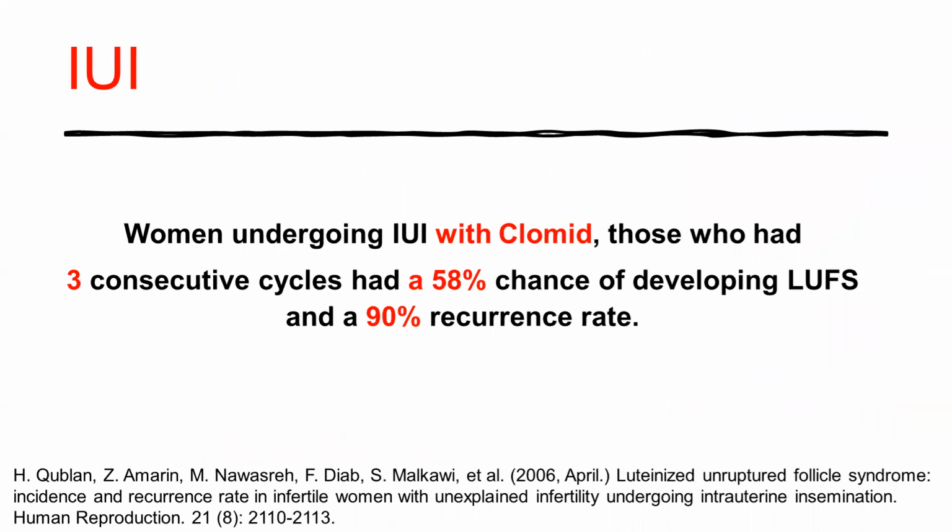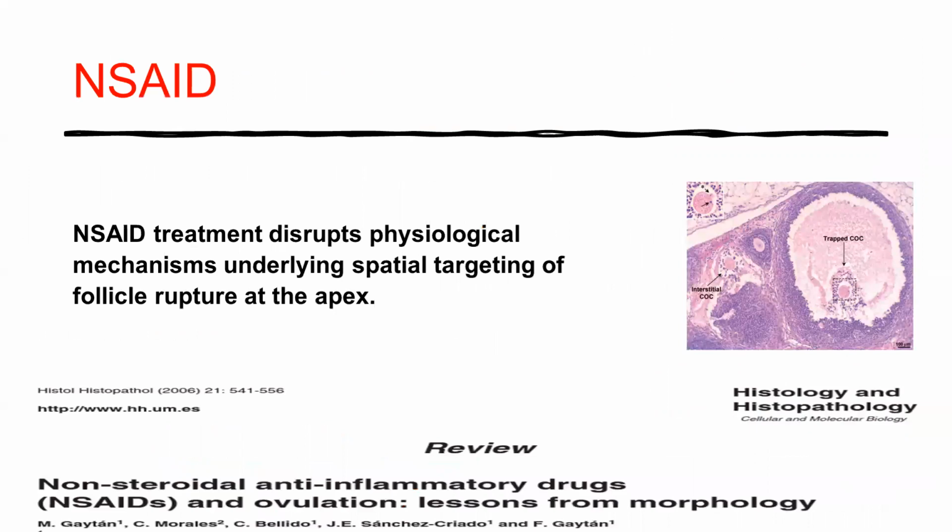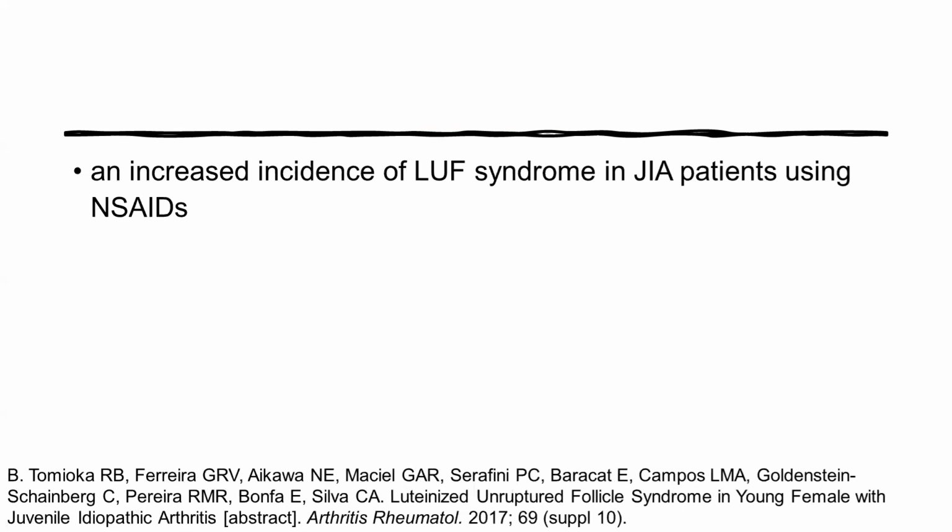Patients subjected to intrauterine insemination are liable to have LUF, particularly those receiving clomiphene, as I told you before. Patients using non-steroidal anti-inflammatory drugs have decreased prostaglandins, and prostaglandins are essential in the process of rupture of the follicle.